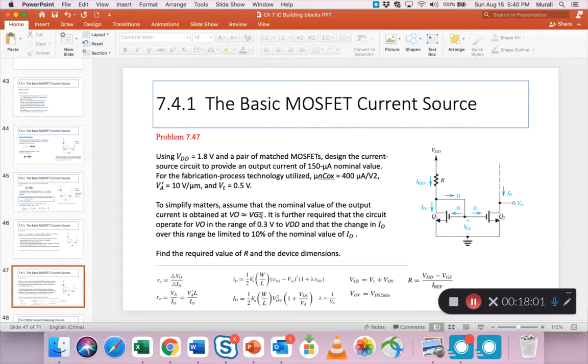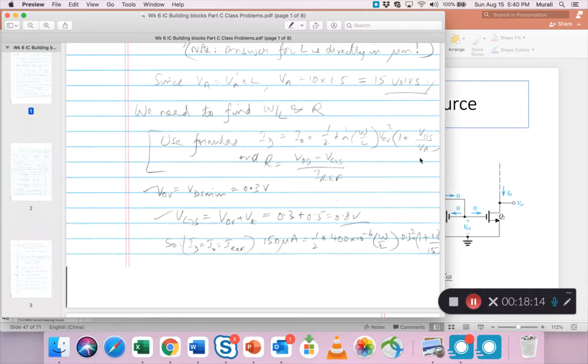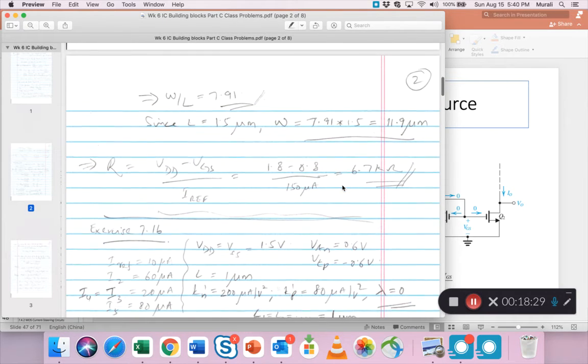Output, use it as equal to VGS, and output is nothing but drain VDS, right? So in this formula, instead of VDS, we can use VGS. So this formula, 150 on the left side, microamps, everything else except W by L is known, from where you can then say W by L is 7.91.